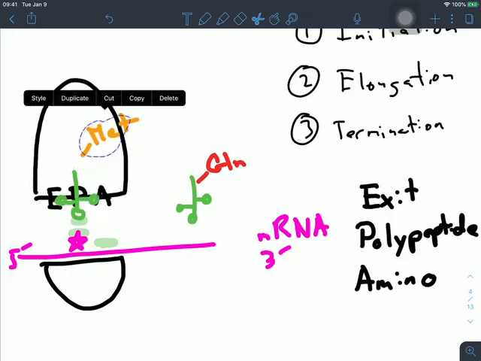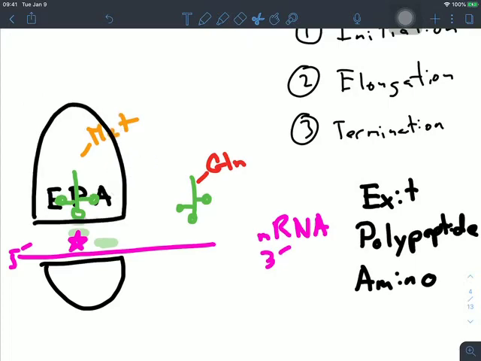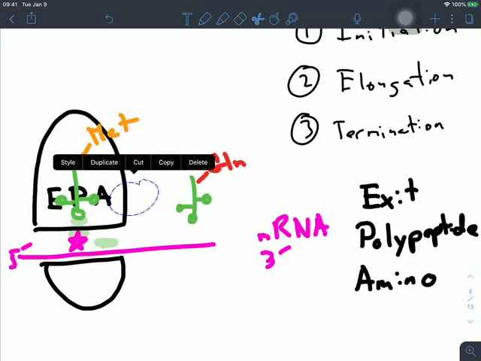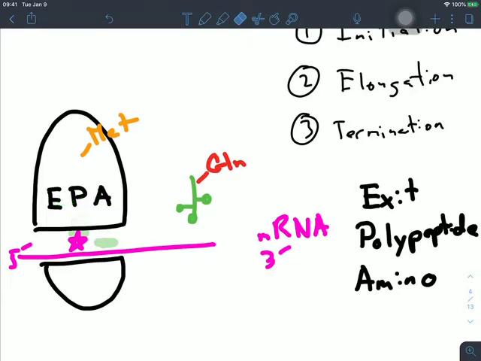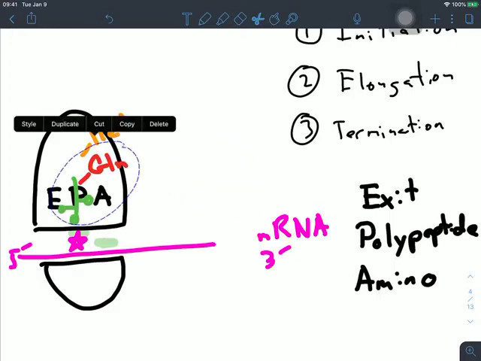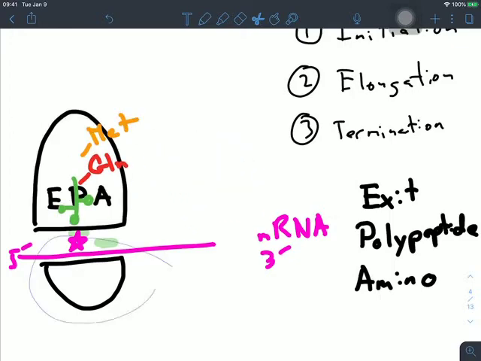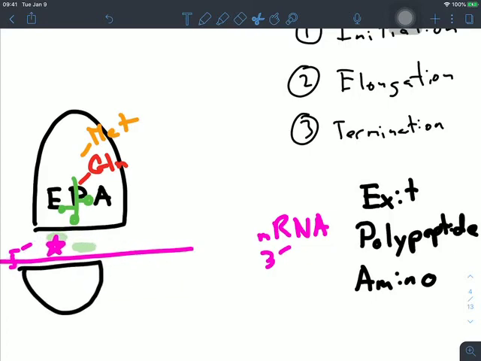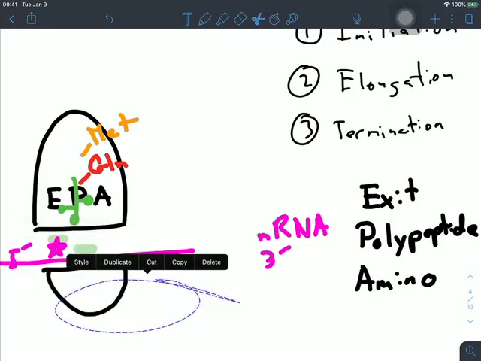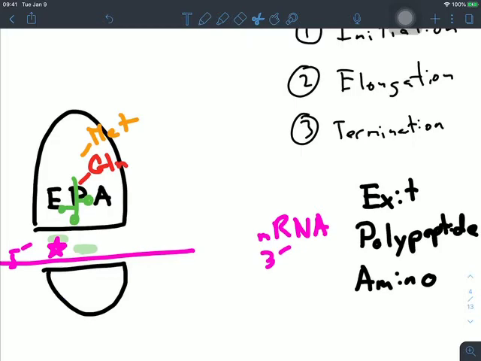This tRNA gets removed, so it leaves through the E site, and the glycine carrying tRNA then moves through to the P site. So again, everything shifts over, the small subunit clicks back, and now your MET will actually be sticking on top of your glycine.